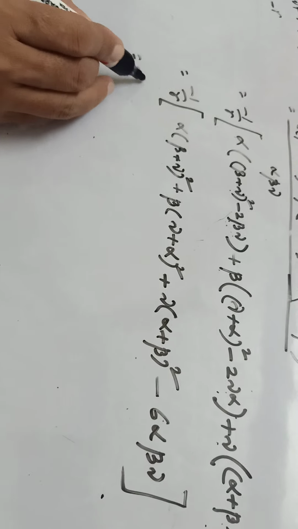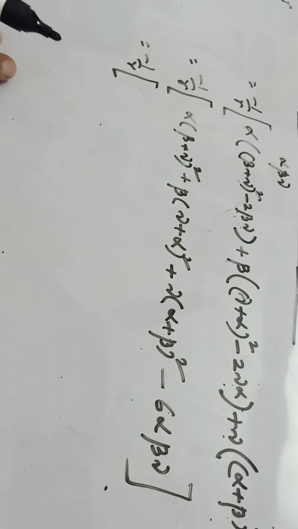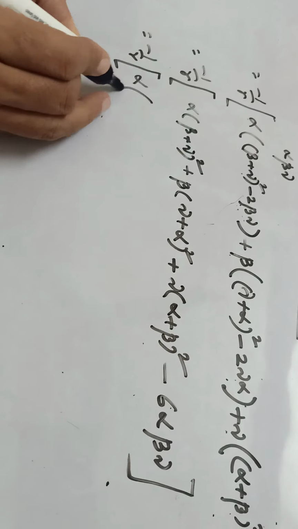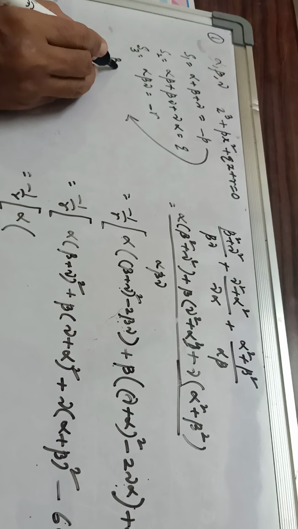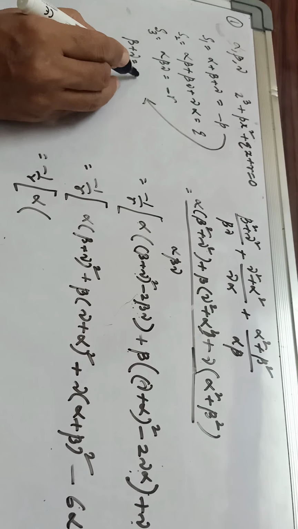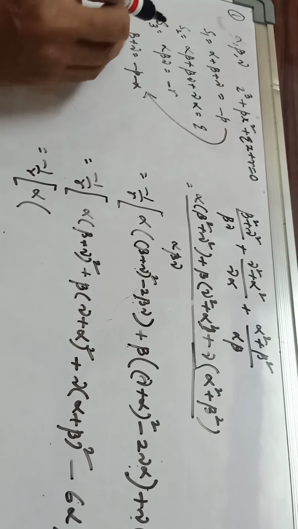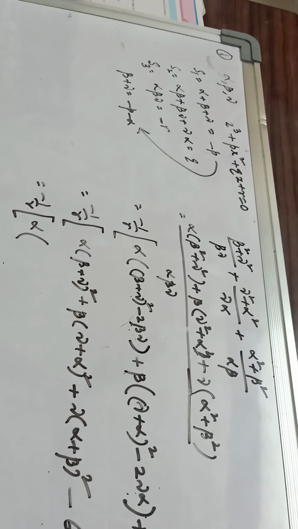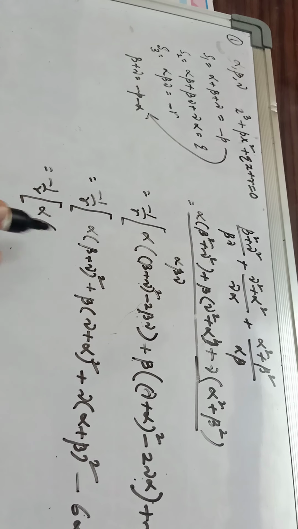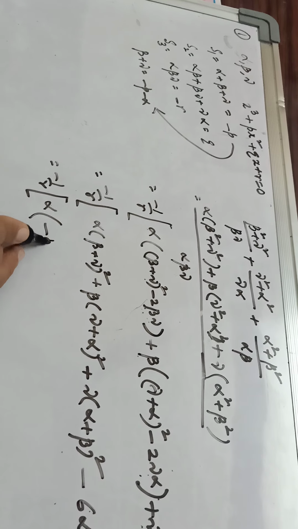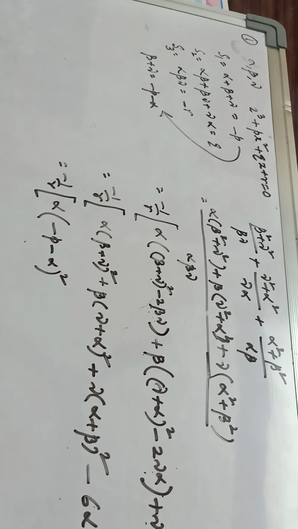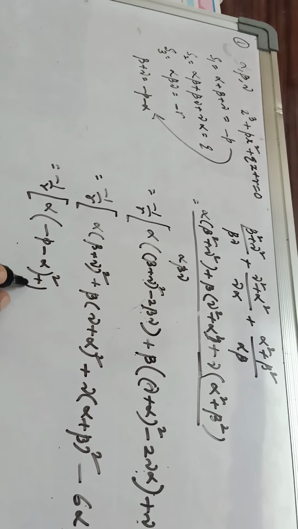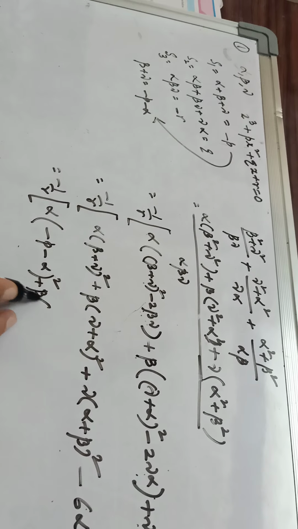Now this is minus 1 by r into alpha into (beta plus gamma) whole square. From S1, what is beta plus gamma? Minus p minus alpha, because when alpha is shifted to this side it will become minus alpha. So beta plus gamma is minus p minus alpha whole square, plus beta into, what is gamma plus alpha?